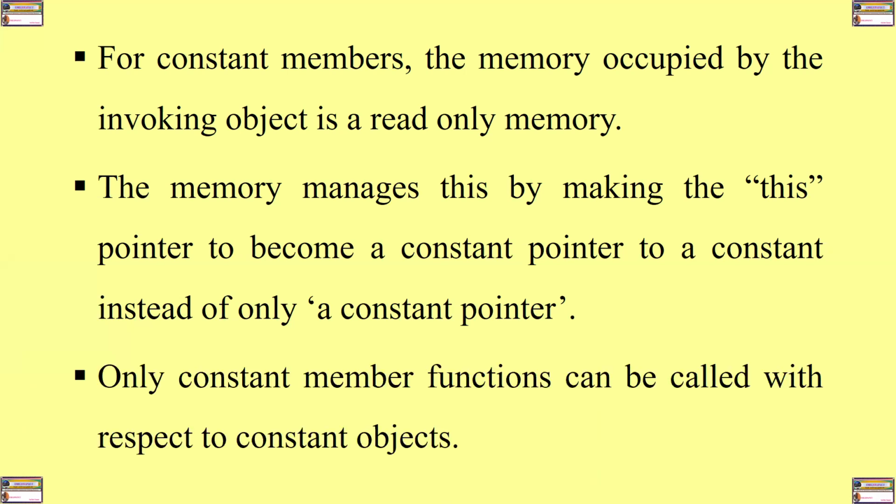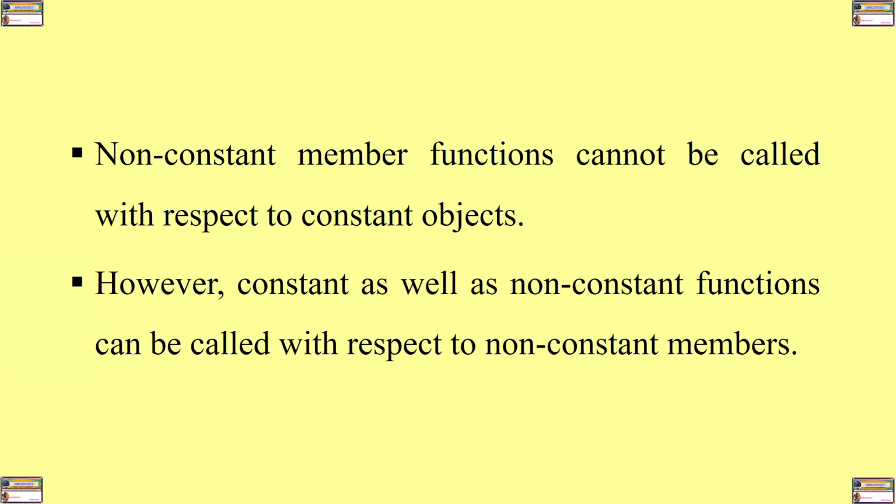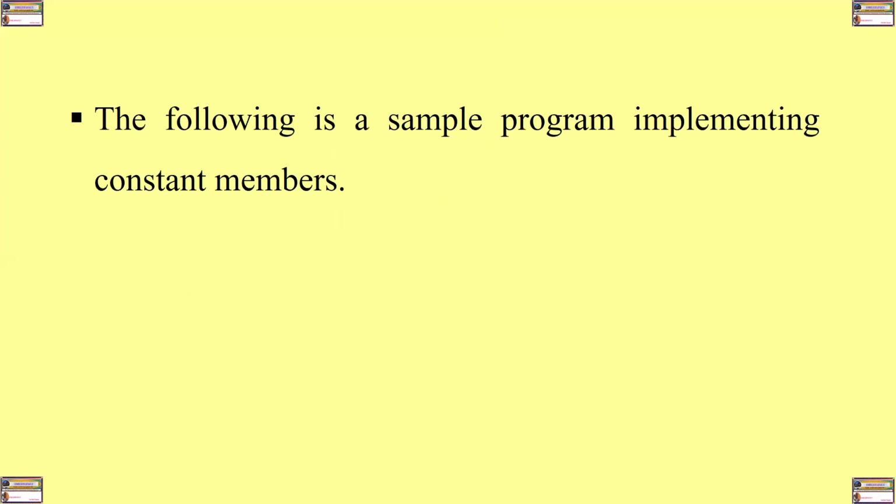Only constant member functions can be called with respect to constant objects. The non-constant member functions cannot be called with respect to constant objects. However, a constant as well as a non-constant function can be called with respect to non-constant objects.